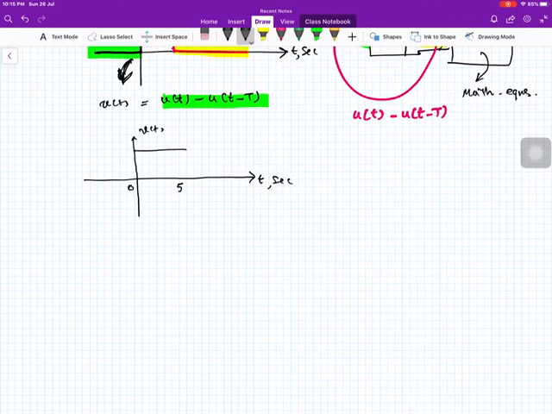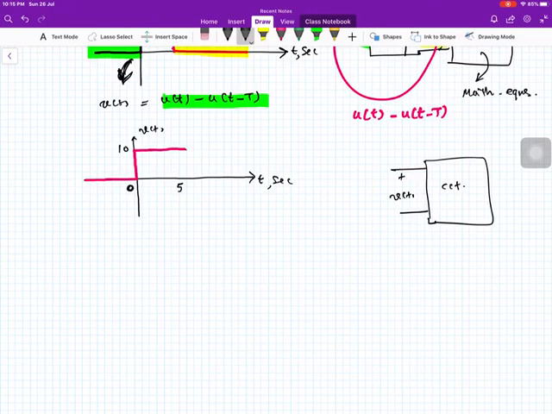Note that this 0 is a reference time. Reference time means the time at which we start analyzing our circuit. So for 5 seconds, I'll again draw a circuit over here. This is a circuit, and the voltage here is 10 volt.